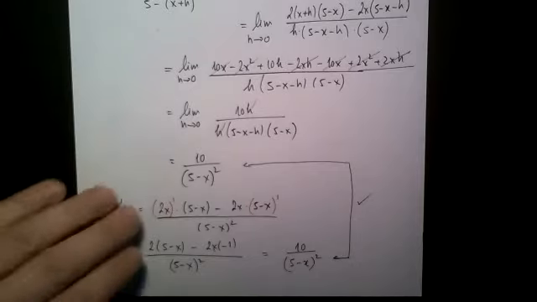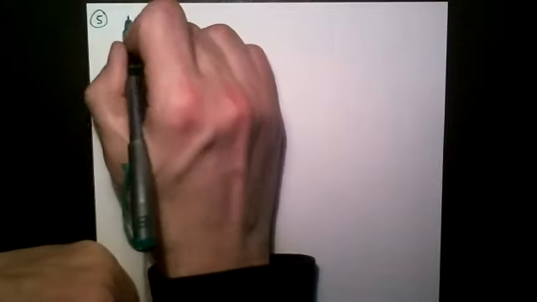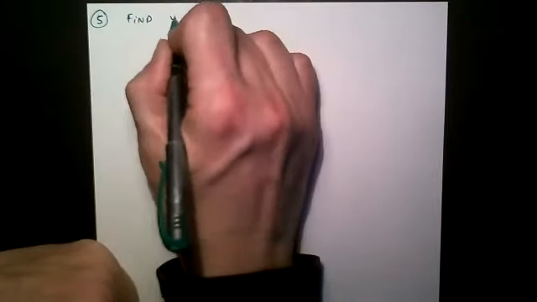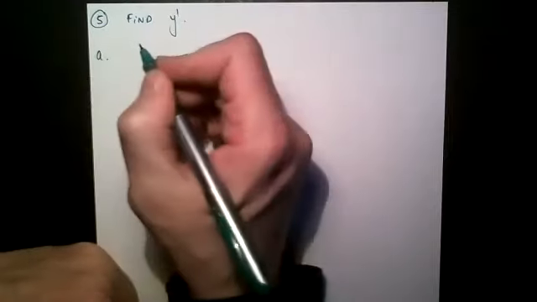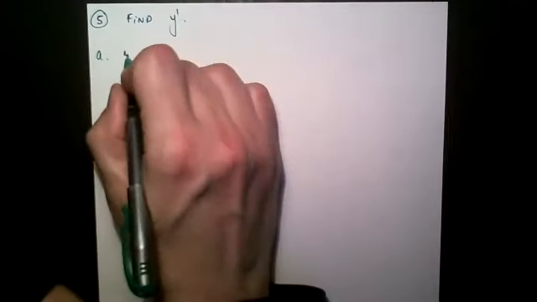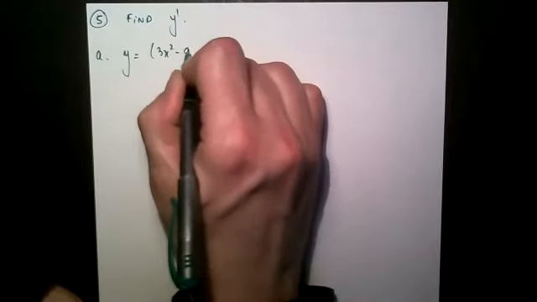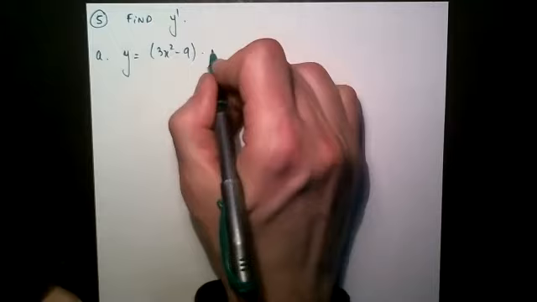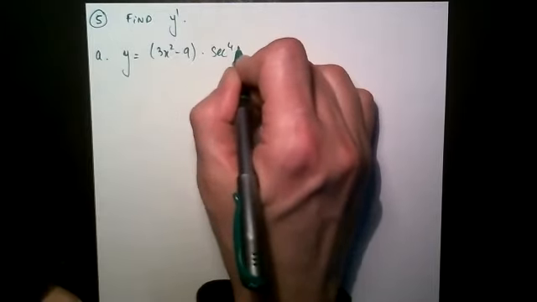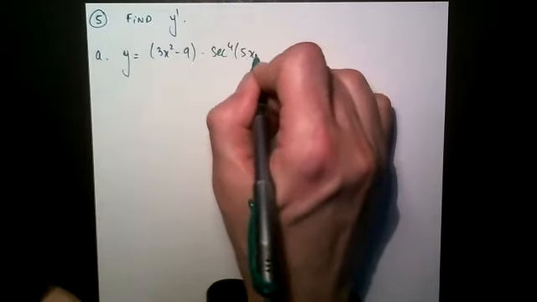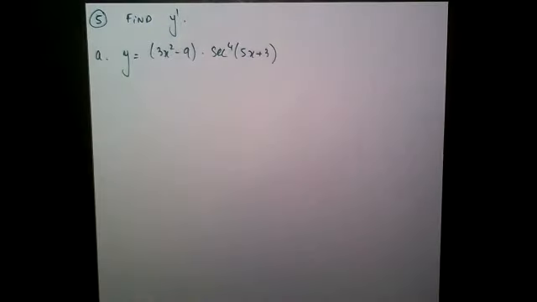Number 5. Okay, so 5 is just all derivatives. Find y prime. A. y is equal to (3x² minus 9) times secant⁴ of (5x plus 3).